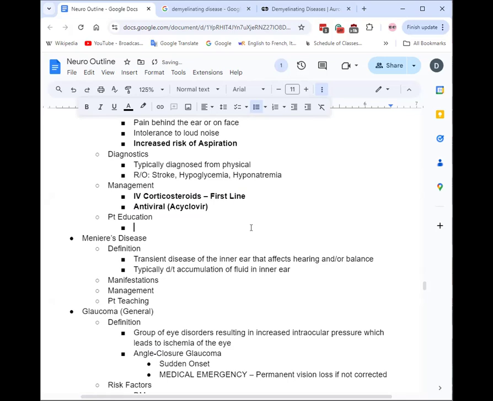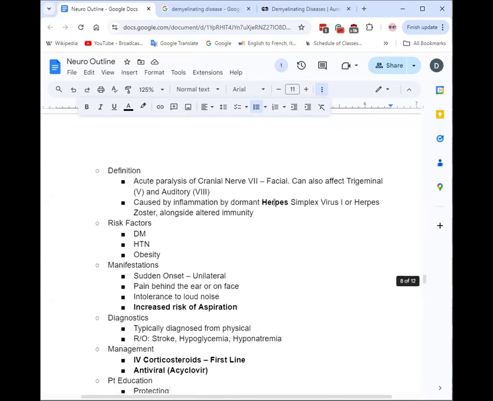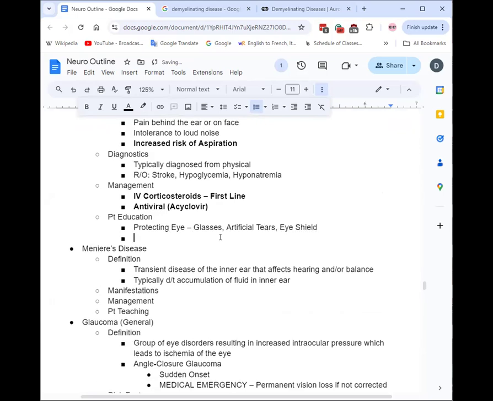And a lot of your education stems from protecting your eyes, because remember, this guy's having issues closing his eyes. He can't wink at you. He can't wrinkle his brow and whatnot. So a lot of that is protecting the eye, maybe glasses or something, artificial tears, an eye shield.